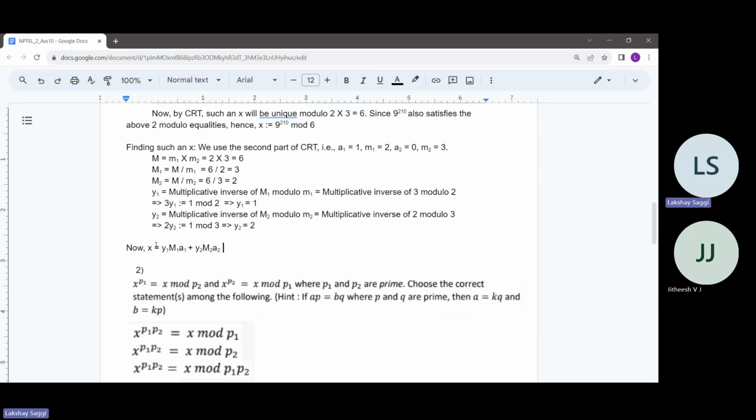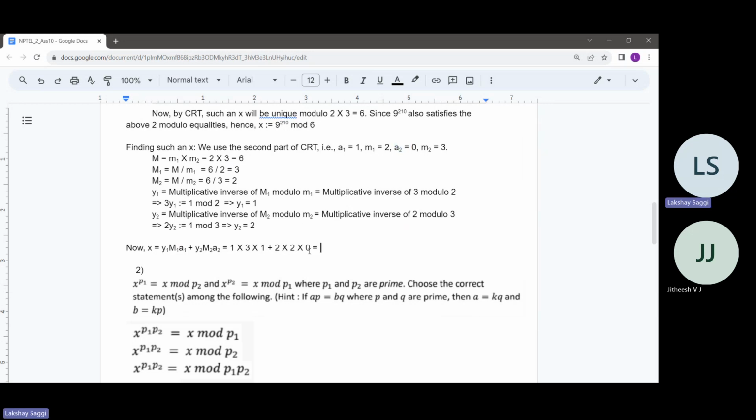which is just plugging in these values: y1 equals 1, times capital M1 which is 3, times a1 which is 1, plus y2 which is 2, times capital M2 which is 2 again, times small a2 which is 0.